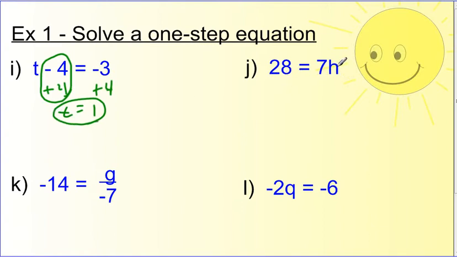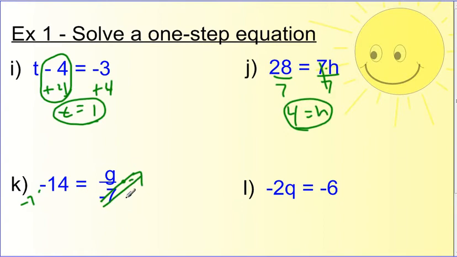My variable is being multiplied by 7, so I divide by 7 on both sides. H equals 4. My variable is being divided by negative 7. The opposite of dividing by negative 7 is to multiply by negative 7 on both sides.